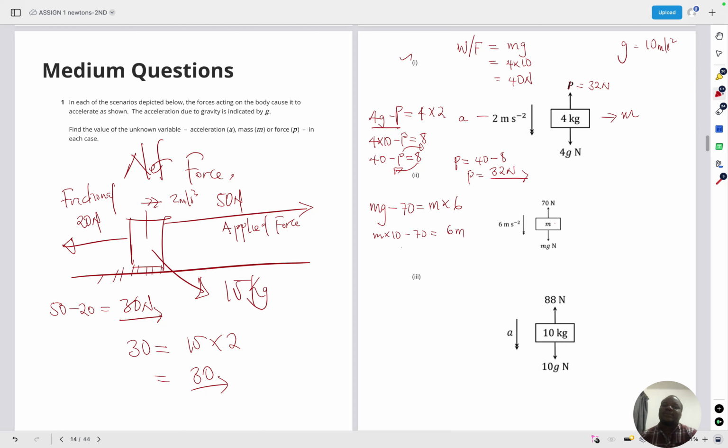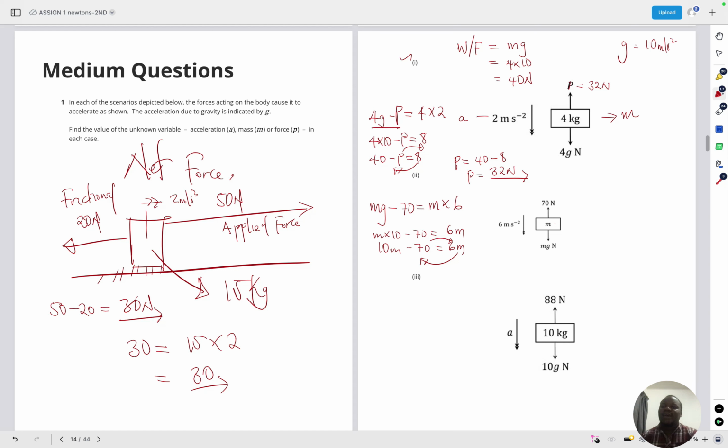Now here we've got 10m minus 70 equals 6m. What we are trying to find is the component m. We can transpose 6m here and then transpose the other one there.